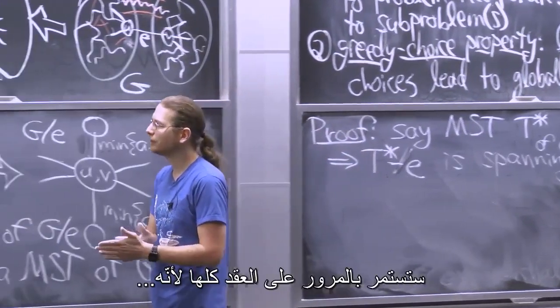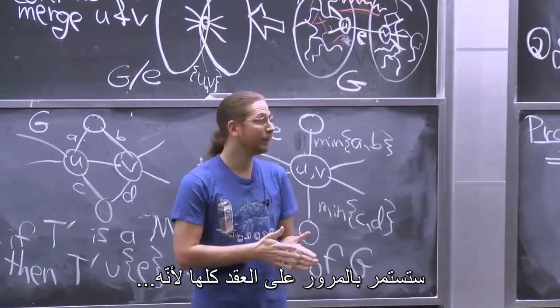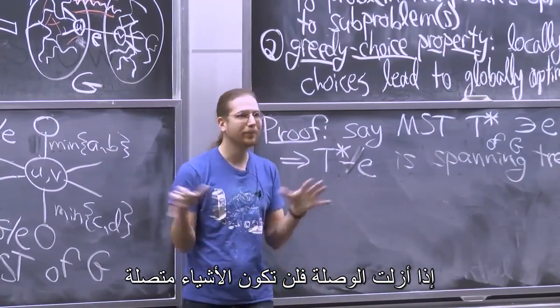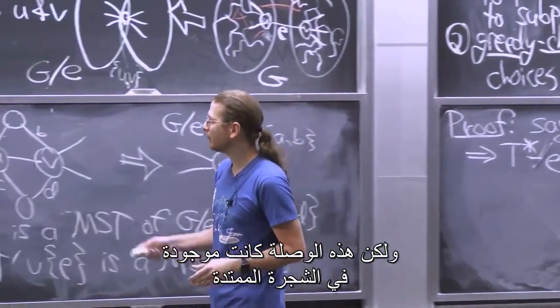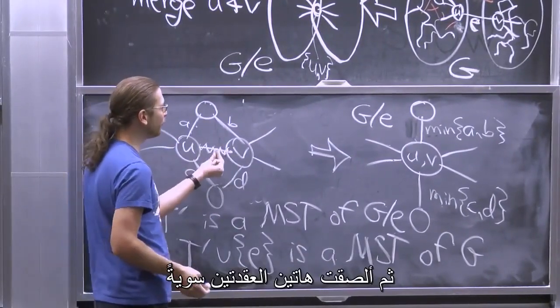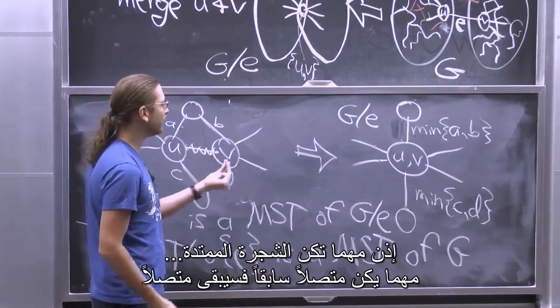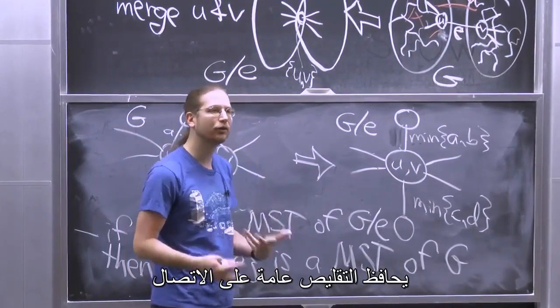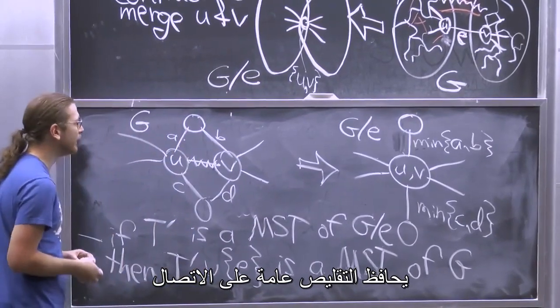What would that take? It still hits all the vertices, because if I remove the edge, things would not be connected together. But this edge was in the spanning tree, and then I fused those two vertices together. So whatever was connected before is still connected. Contraction generally preserves connectivity.